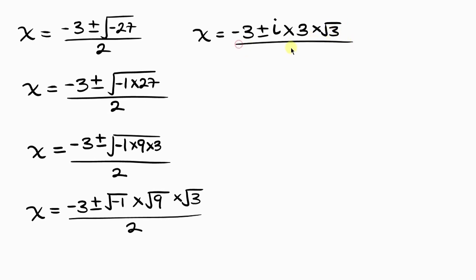So all over 2. So let's multiply the numerator. So we have x to be equal to negative 3 plus or minus. Now i times 3 times the square root of 3 gives 3 root 3 i all over 2.